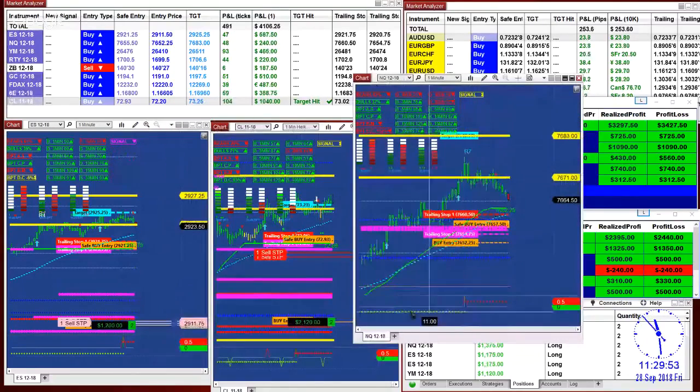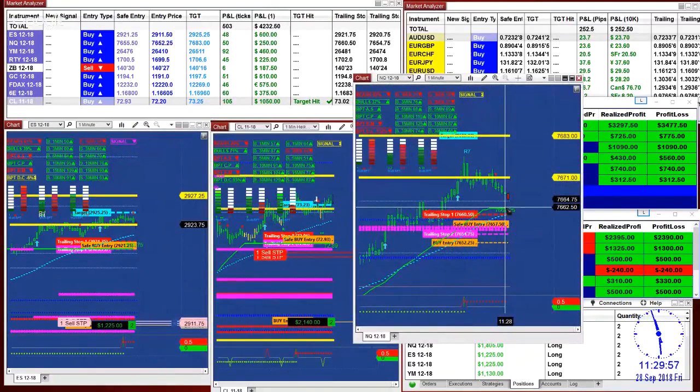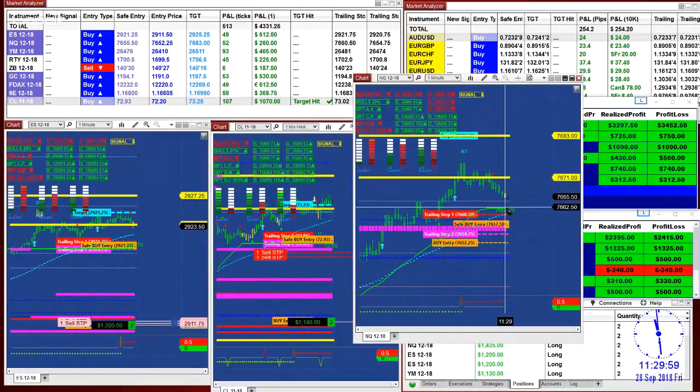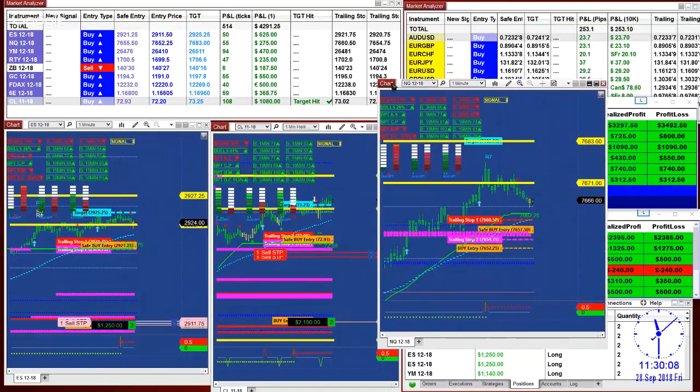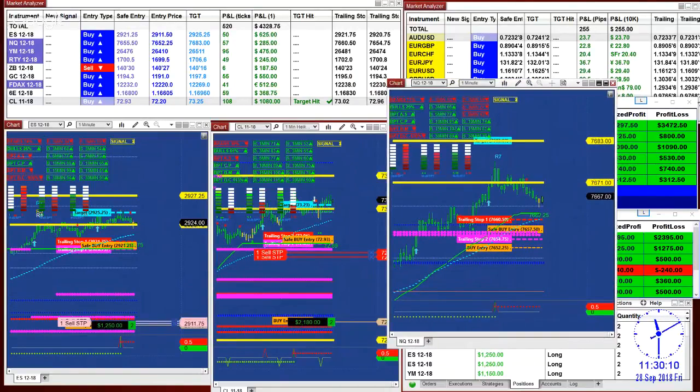Be careful, guys. It's not short on the NASDAQ. If you are thinking of grabbing a short, there is a very good potential entry on the NASDAQ at 62.50. So it's not over. The party is not over on the long side with the NASDAQ. Do not take short. NASDAQ, do not take short right now.